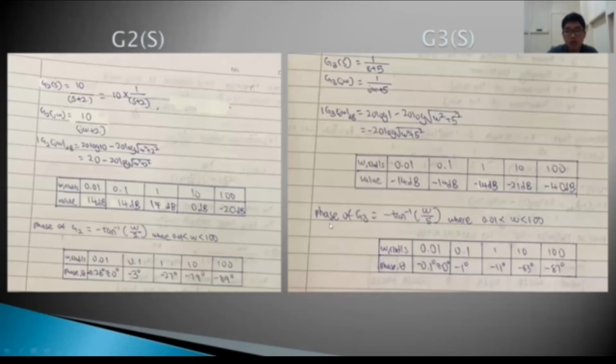Similar to G2(s), the phase angle of G3(s) can be calculated using negative tangent inverse of omega over 5, where omega is between 0.01 and 100 radians per second. The table below shows the phase calculation of G3(s).